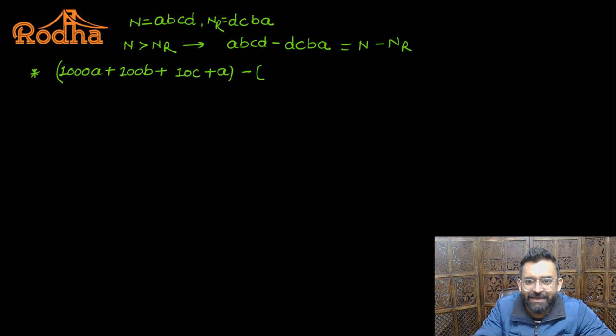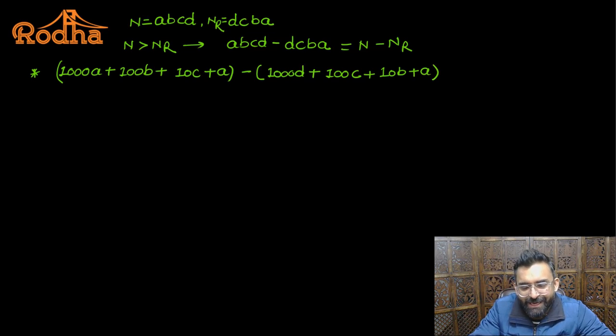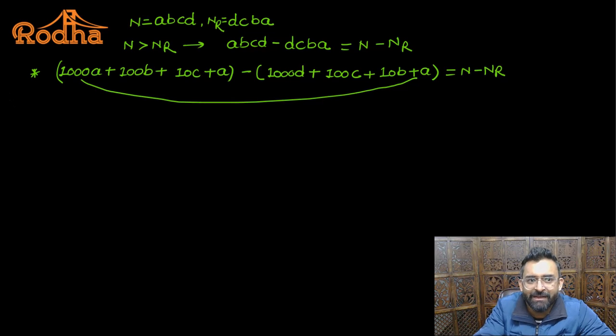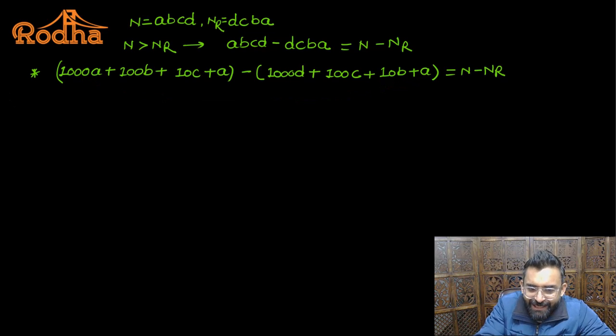You can directly find 1000A minus A, that is 999A, but just for the sake of understanding, I'm writing every bit of it here. So this is the difference I'm looking at, the number minus the number obtained after reversing the digits. What I can calculate: this is 1000A, and this is A. So subtract it, and I'll be getting 999A.